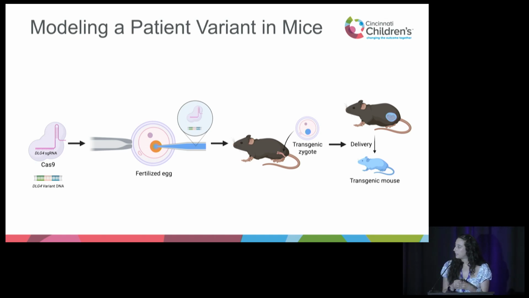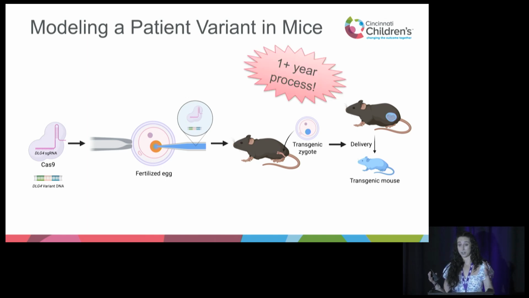That's what's depicted here on the screen. We take our Cas9 system and the variant of DLG4 that we want to insert. We insert that into the fertilized egg of a mouse, and then we breed that up into a mouse colony. This takes a year or more, so this is a very long process from beginning to actually being able to start studying the mouse.